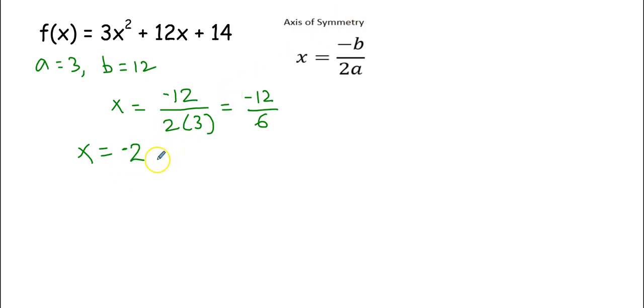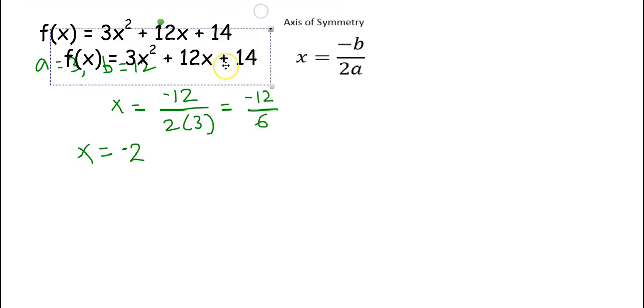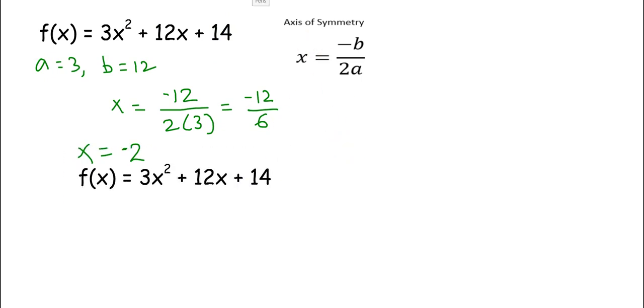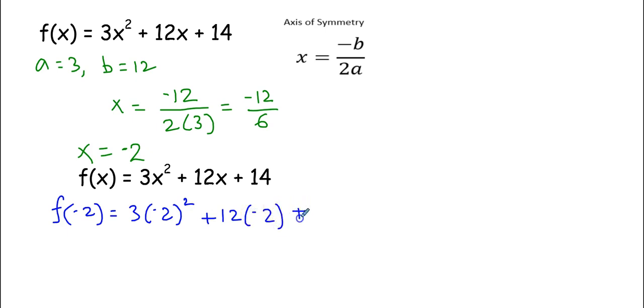Now substitute x equal to negative 2 in that function. So f of negative 2 is equal to 3 times negative 2 whole square plus 12 times negative 2 plus 14. I can directly use the calculator instead of simplifying.